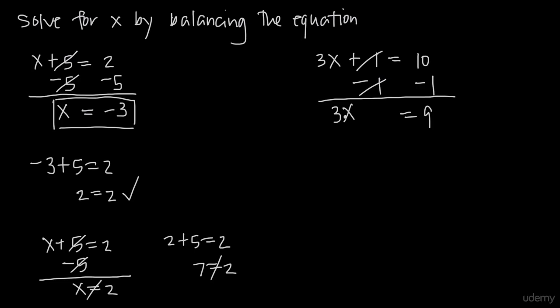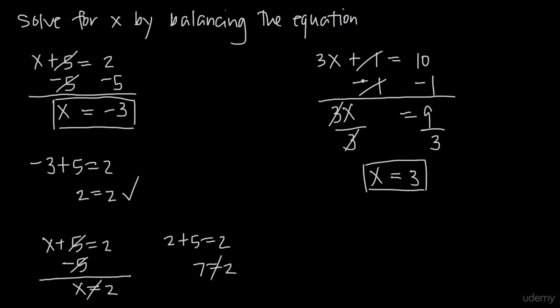Now, in order to get x by itself, we need to divide by 3 to get this coefficient removed from the x. So if we divide the left side by 3, we also have to divide the right side by 3. And the result, we're going to get the 3's to cancel on the left, leaving us with just x. The result on the right-hand side, 9 divided by 3 is 3, so we get x is equal to 3, so that's our solution.